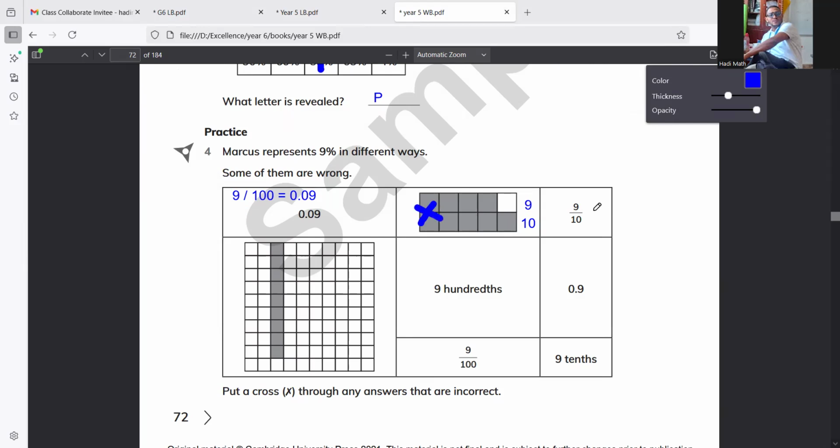And immediately this one is also wrong because we say 9% is equal to 0.09, not 0.9. This one is correct. This one is also correct because 0.09 is 9 over 100. 9 over 100, this one is correct. 9/10 is wrong.